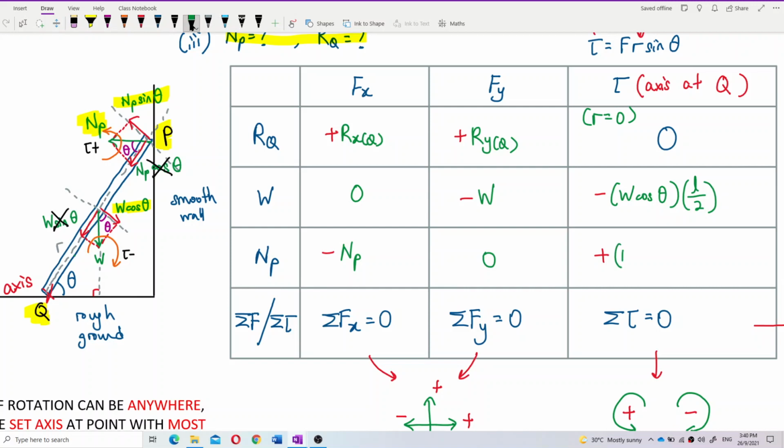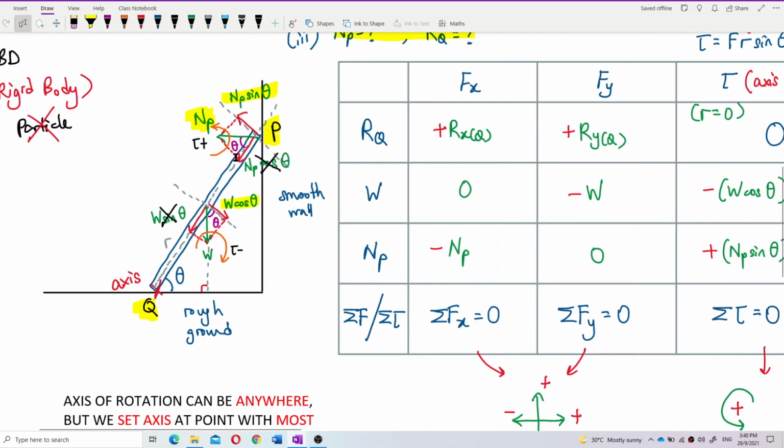Normal force sine theta, and then multiply by how far the normal force is from the axis of rotation. How far is it? L. The total distance is the whole length, L. Just now from here to here is L over 2. From here to here is L, the total length.